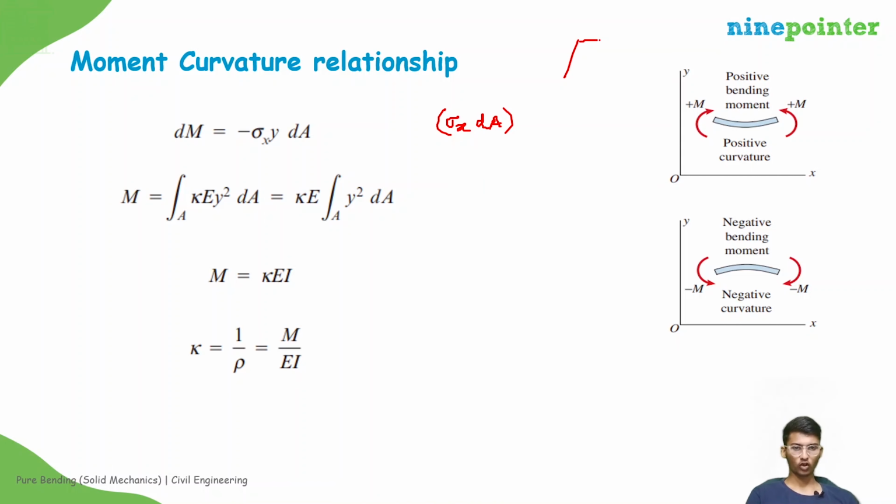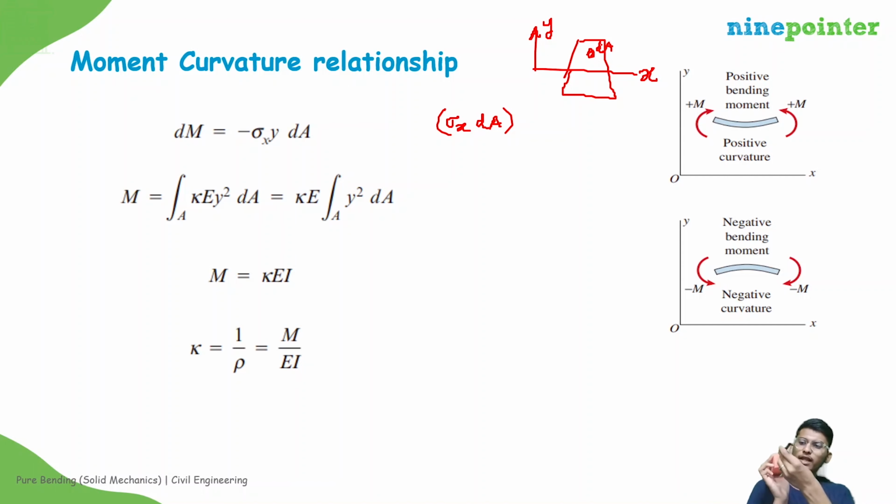If you take a cross section, and suppose this is the neutral axis, this is x and this is y, and you take a small element dA where the value of bending stress is sigma x, then sigma x dA will be the force, perpendicular to that plane.